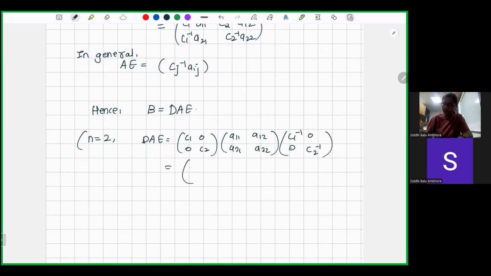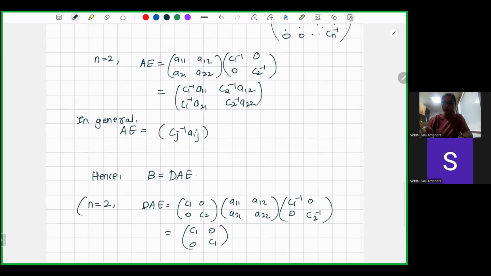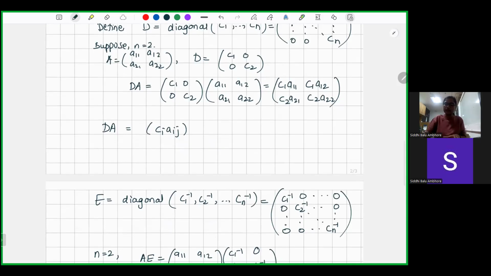And if you check, let us do this first. It won't change anything because we have already calculated this. It is the same matrix here: C1 inverse A11, C2 inverse A12, C1 inverse A21, and C2 inverse A22. So what it does is it multiplies the diagonal entry to the column. And what this matrix does is it multiplies the ith diagonal entry to the ith row.